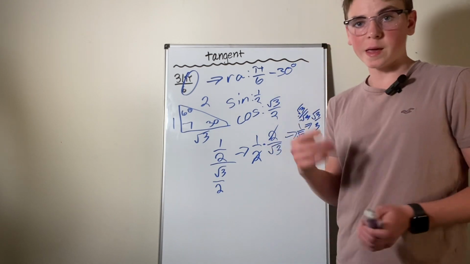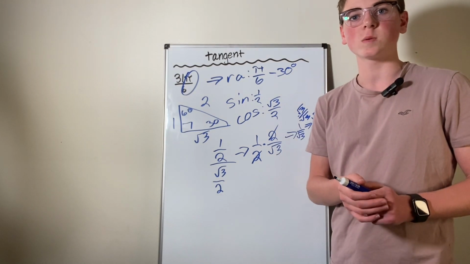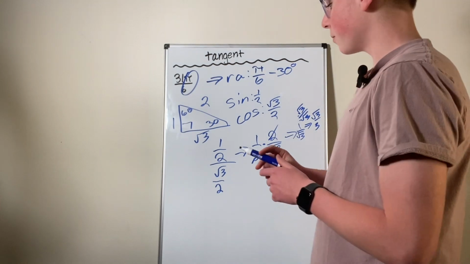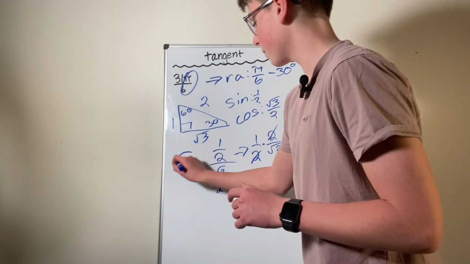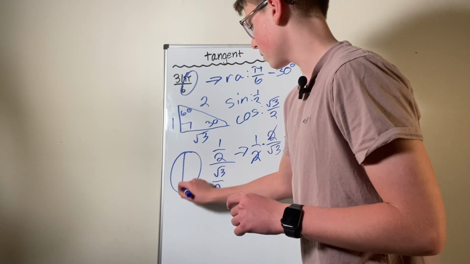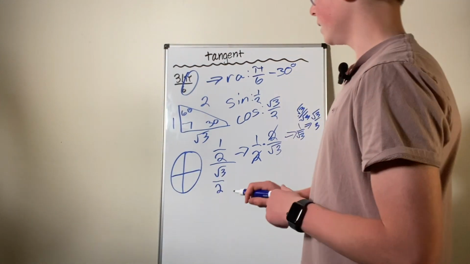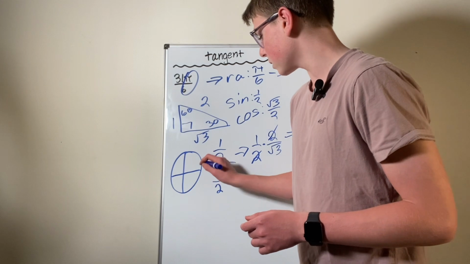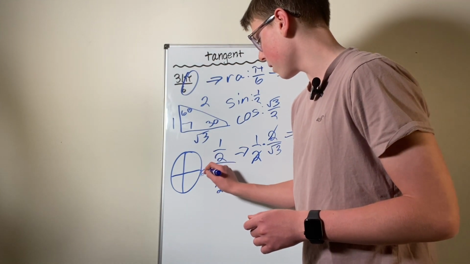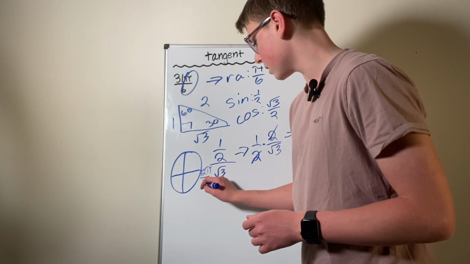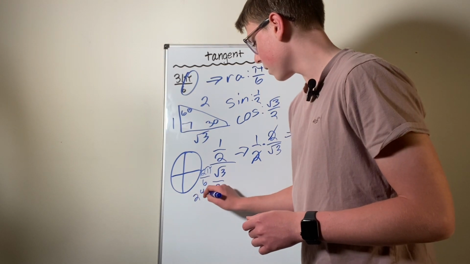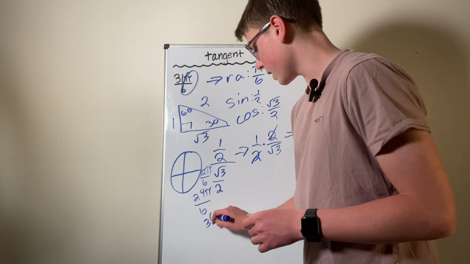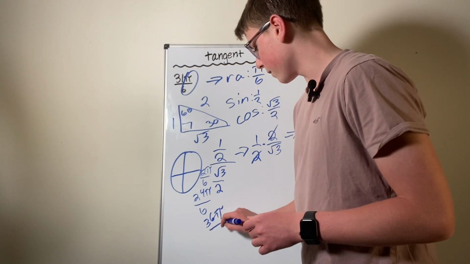Now, it might have been helpful to find what quadrant this was in first, but I take the hardest path. So, let's look. Our unit circle here. I know a 2 pi rotation is 12 pi over 6. So 12 pi over 6, 24 pi over 6, and then 36 pi over 6.